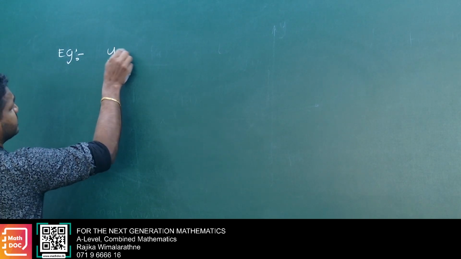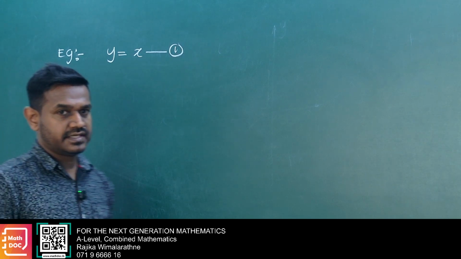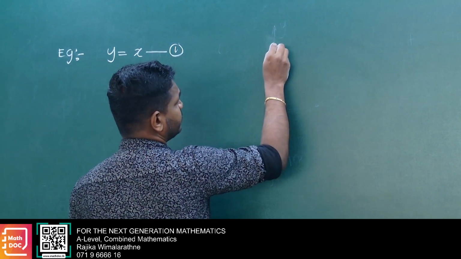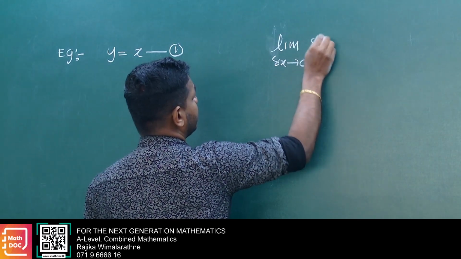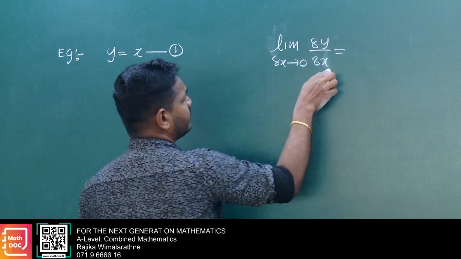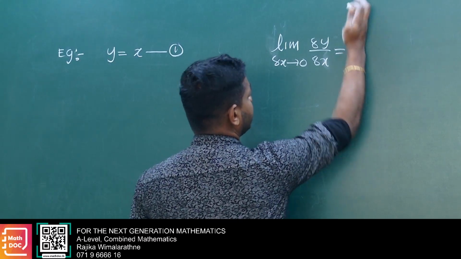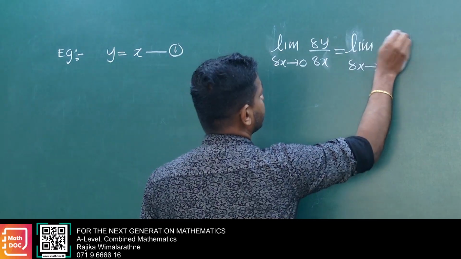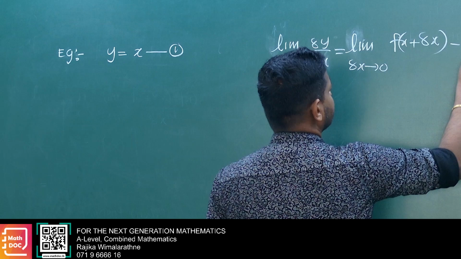Here y equals x. For differentiation, we need the limit as delta x goes to 0 of delta y divided by delta x. That is, the limit as delta x goes to 0 of f(x plus delta x) minus f(x) divided by delta x.